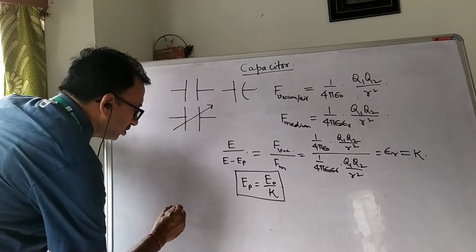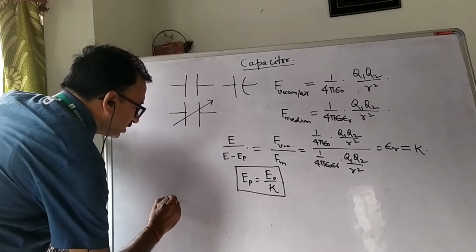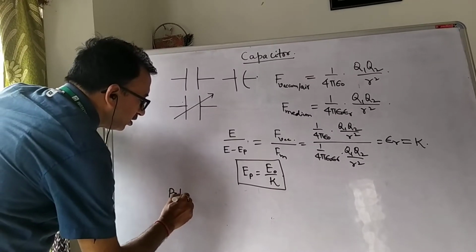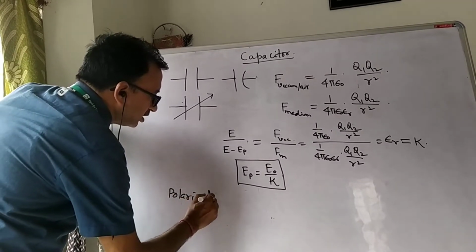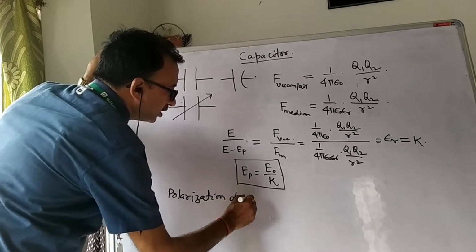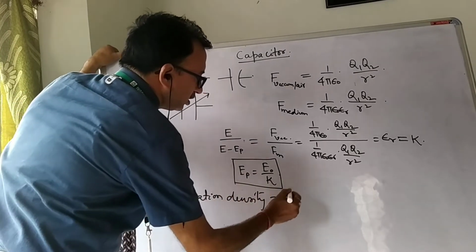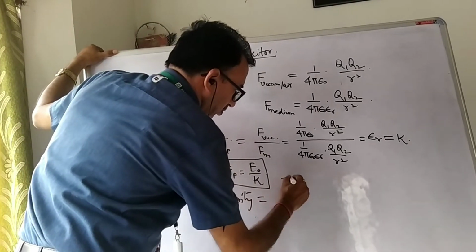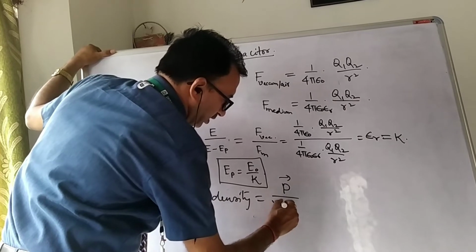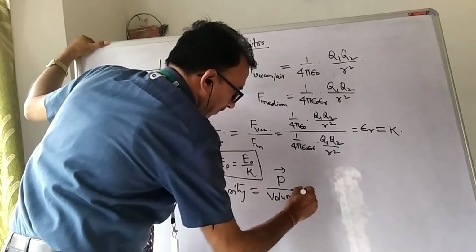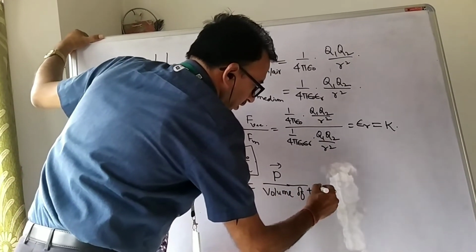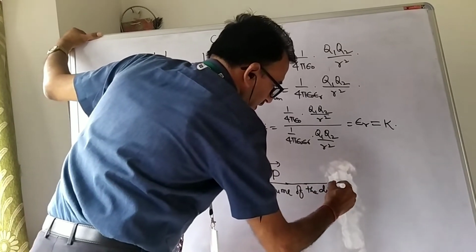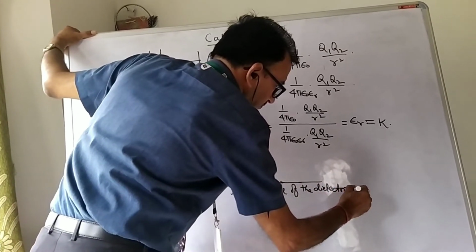Now there is a term known as polarization density. It is the dipole moment vector P divided by the volume of the dielectric medium.